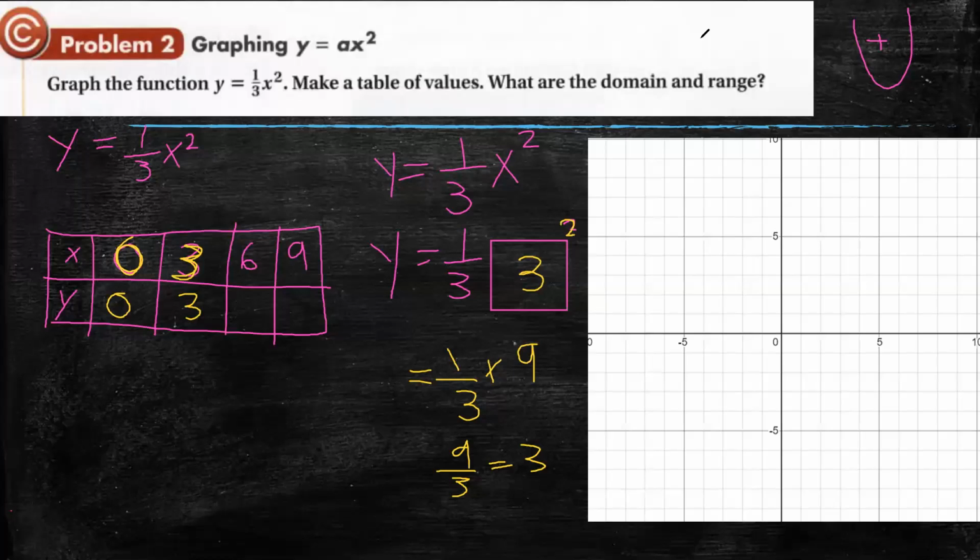Now, I want to evaluate point number 6. So let's put number 6. 6 squared is 36. 36 times 1 over 3 equals 12. 36 over 3 is 12.